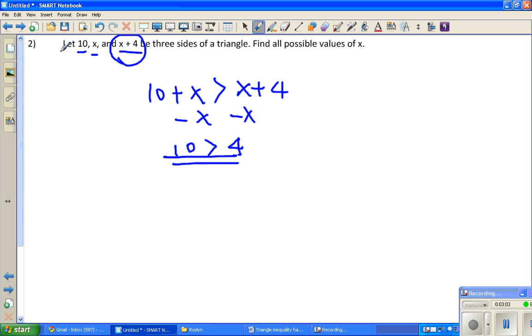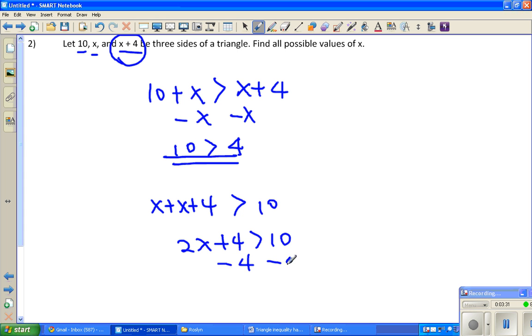Now, but on the other hand, how about 10? What if 10 is the greatest? In other words, then 10 has to be less than the sum of x and x plus 4. Now then, in this way, we get to realize that 2x plus 4 has to be greater than 10.